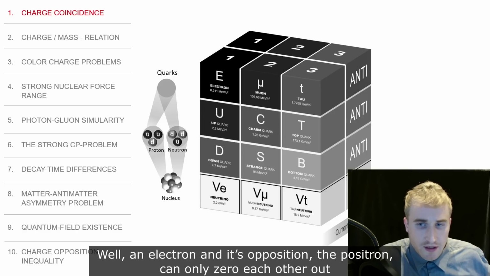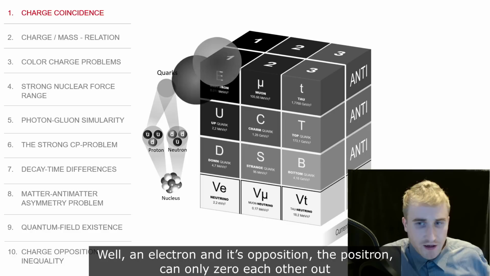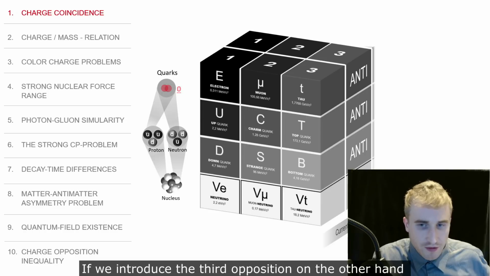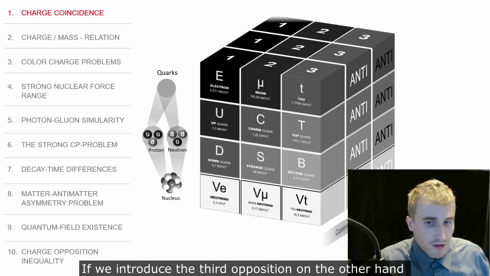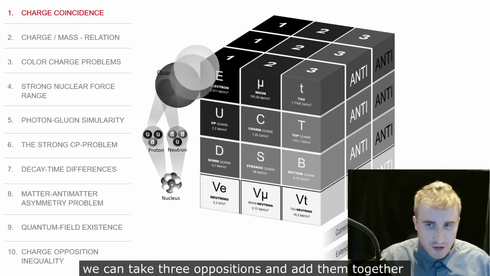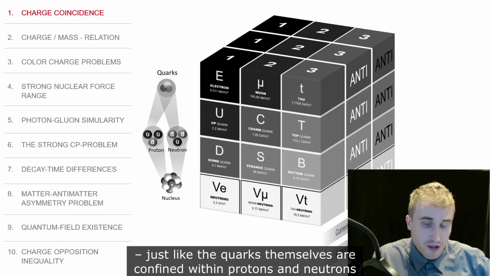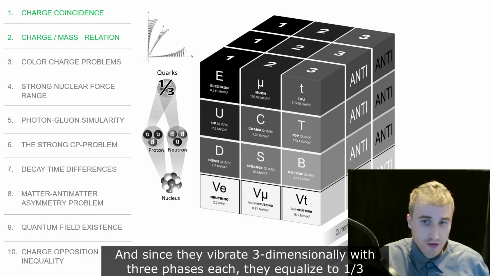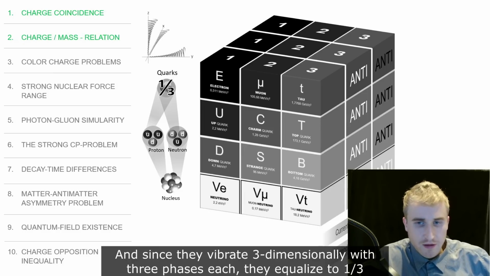Well, an electron and its opposition, the positron, can only zero each other out, so with only two oppositions, this is not possible. If we introduce the third opposition, on the other hand, we can take three oppositions and add them together, just like the quarks themselves are confined within protons and neutrons. And since they vibrate three-dimensionally with three phases each, they equalize to 1/3.